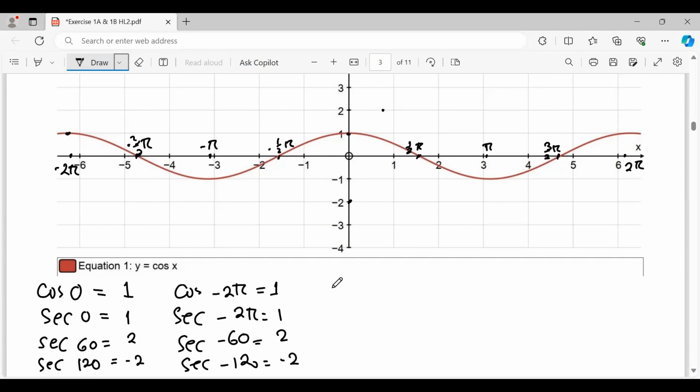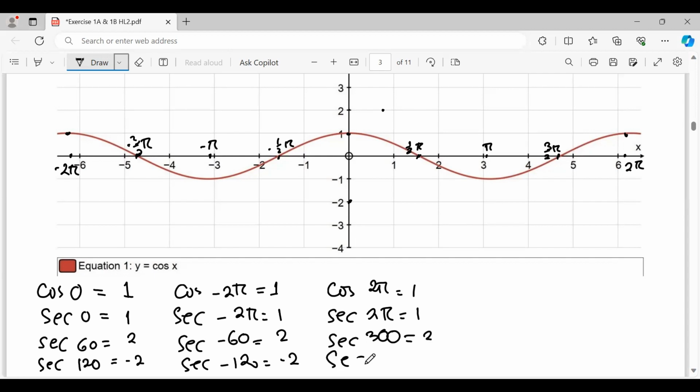And then cosine 2 pi equals 1 here. Secant 2 pi as well equals 1. Then secant 300 equals 2.